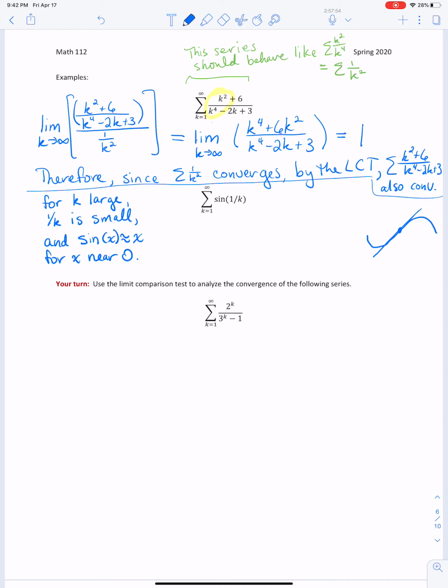In fact, what this tells us is that sine of 1 over k looks like 1 over k for large k.